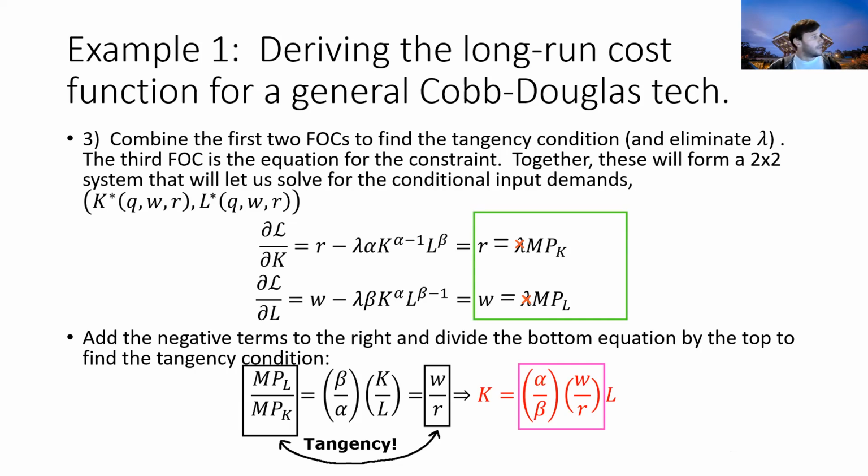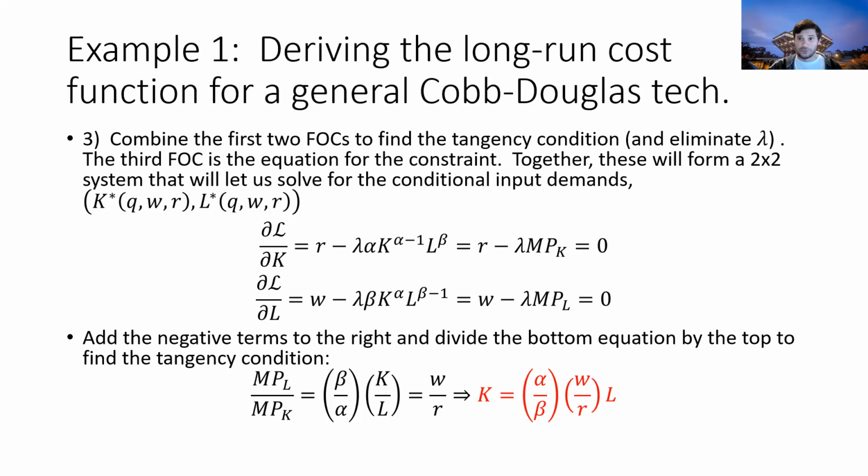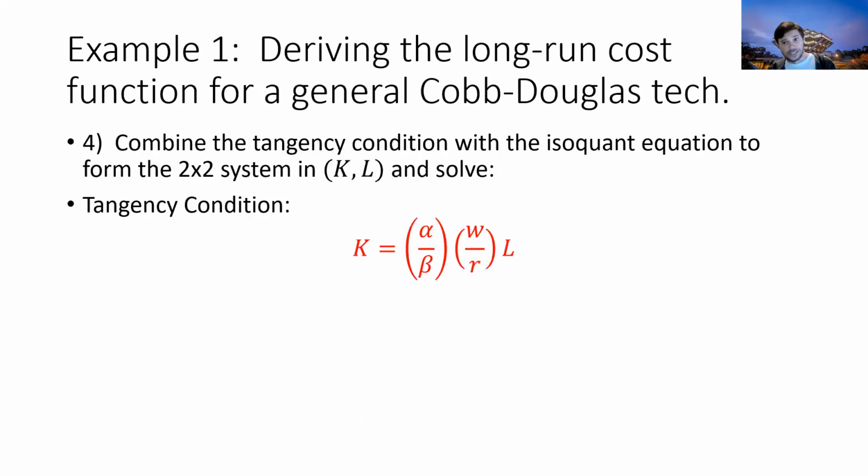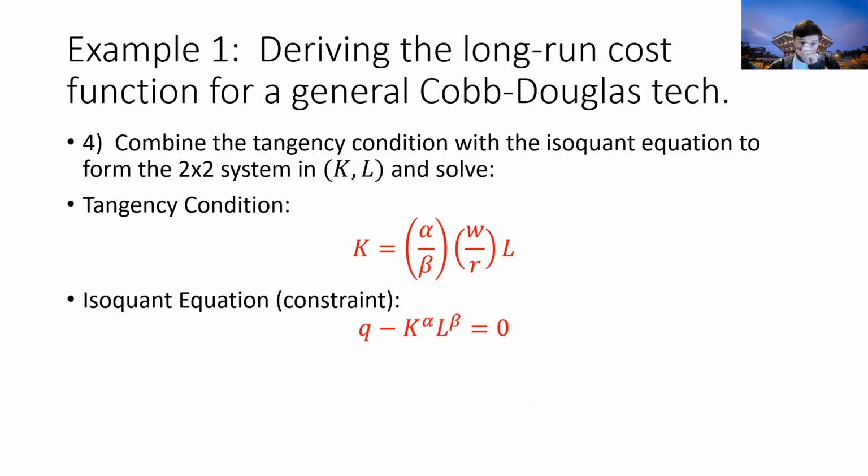The next step is we're going to combine that tangency condition in red with the isoquant equation. Notice we got rid of the lambdas. So now we have 2 variables left and just 2 equations to deal with. One is the tangency condition we had from before. The other is the isoquant constraint.